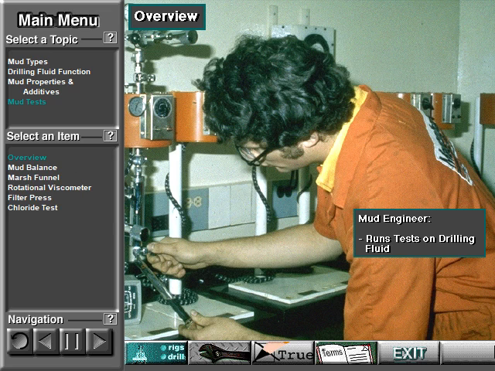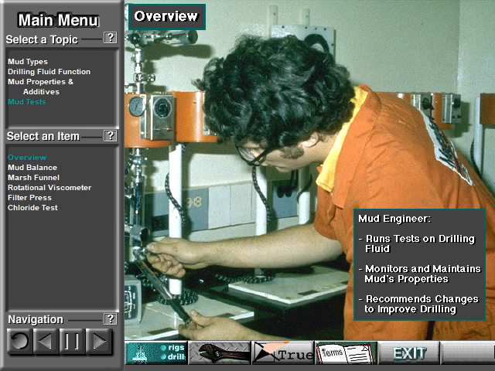The mud engineer runs tests on the drilling fluid. The mud engineer's job is to monitor and maintain the mud's properties to the specifications of the well operator. He may also recommend changes to improve drilling, such as adding more caustic soda to increase the mud's pH.